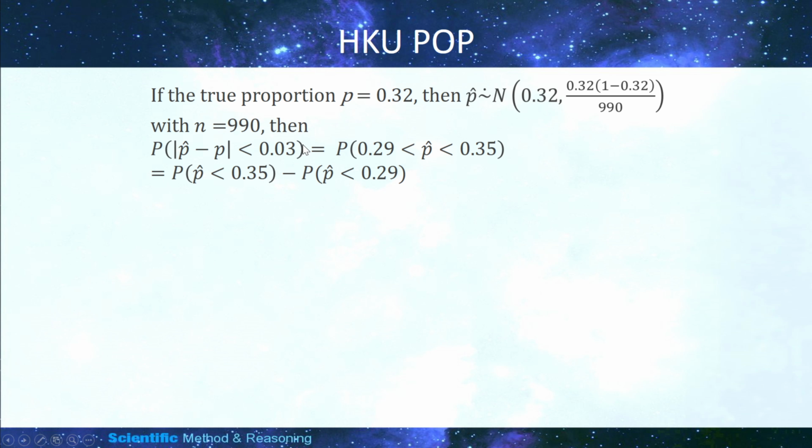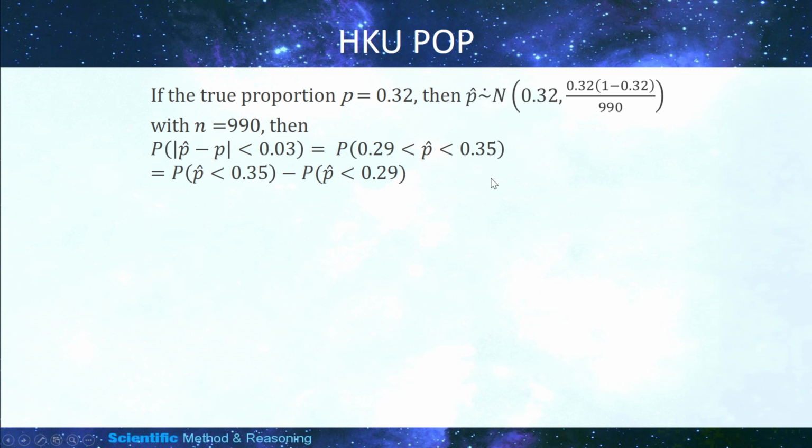Okay, suppose I would like to find the probability that a sample proportion would not deviate too far away from the true value of p, with a maximum error of 0.03. Now we know that p equals 0.32. If we plug in p equals 0.32, then the sample proportion would fall between 0.29 and 0.35.